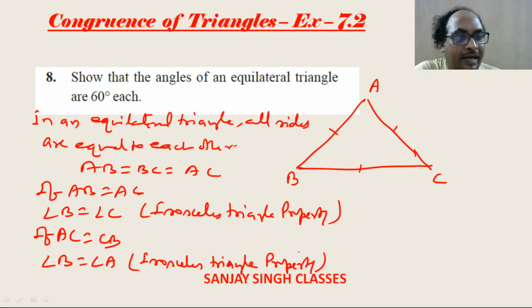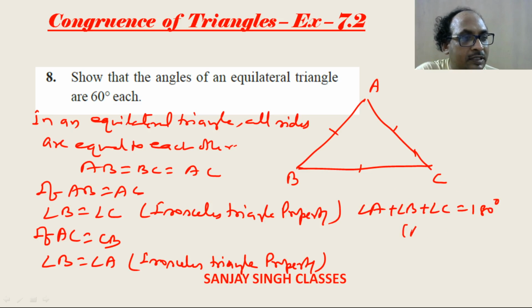Now we know that angle A plus angle B plus angle C is equal to 180 degree. Why is it so? It is the angle sum property.